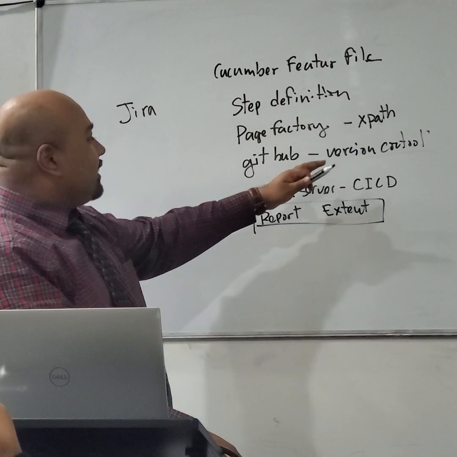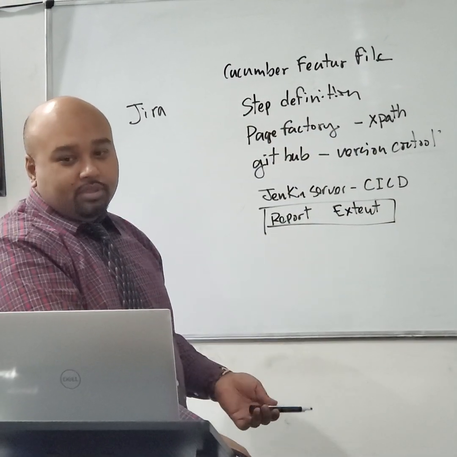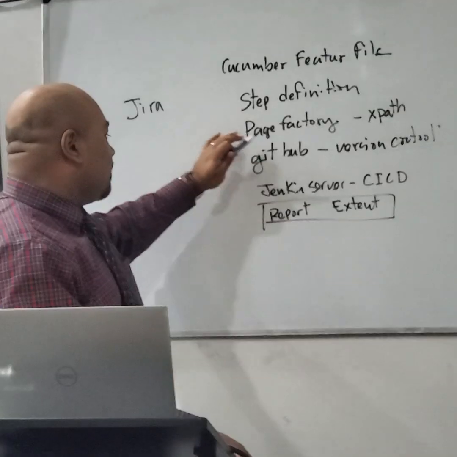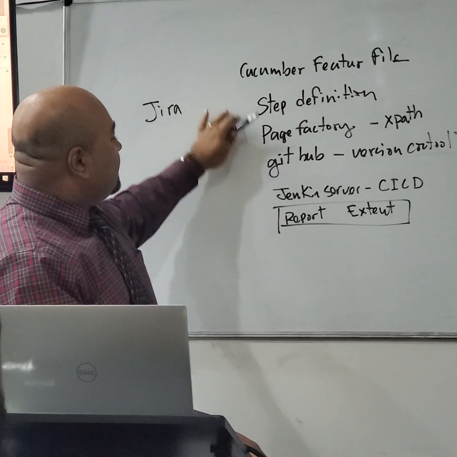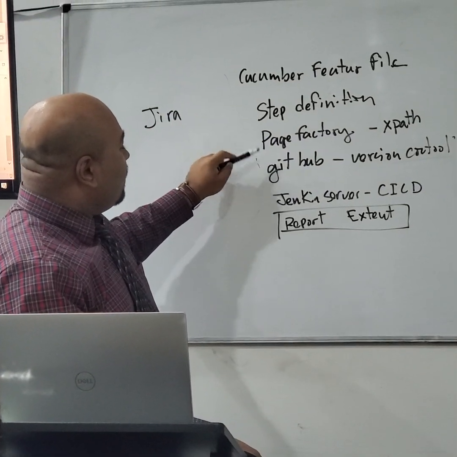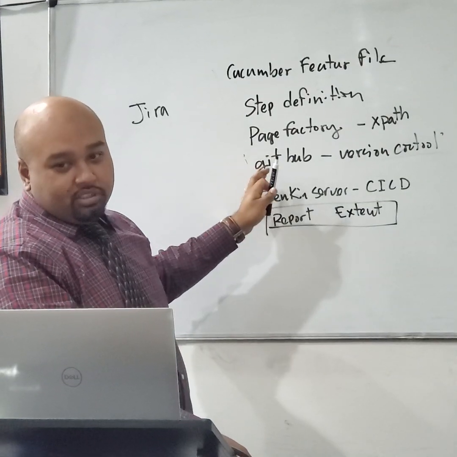And XPath can do relative XPath, so we can handle dynamic objects, and there's more you can do. Later on we'll talk about that. Once you talk about page factory, you say this is our project done. There are many things, but this is the simplest version.